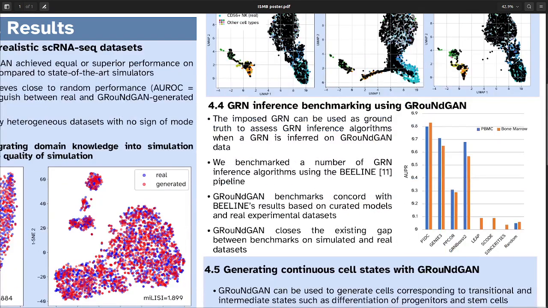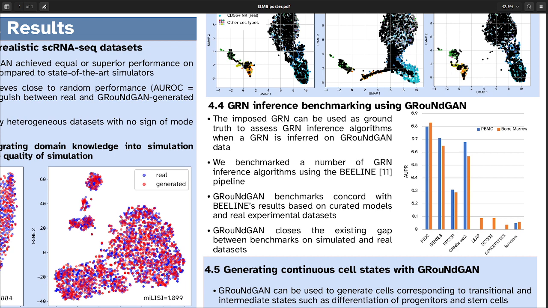And coming back to our original goal, which was benchmarking GRN inference methods, we benchmarked a number of them, and our results show that GRNBoost2, GENIE3, and PIDC perform best across both datasets, and also across different kinds of ground truth.